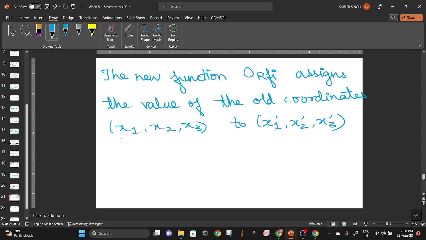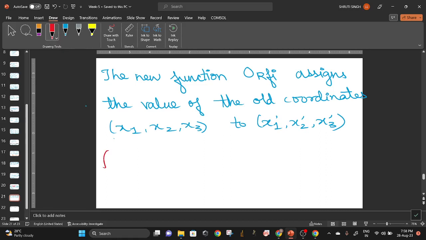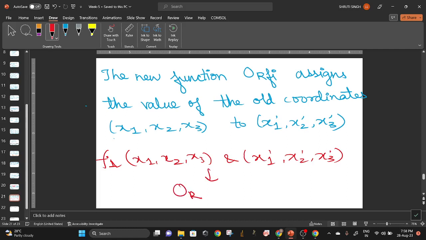So if we know fi, 6, 7, 8 variables are there. If we know fi, the original coordinates x1 to x3, and the transformed coordinates, then we can find the matrix representation of the OR.